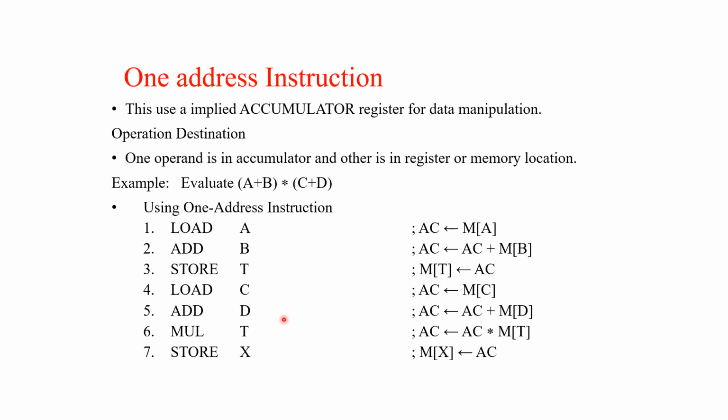Then add D: add the value of D to the accumulator, resulting in AC equal to C plus D. Multiply T: multiply the value in the accumulator by the value stored in the memory location T, with the result stored in the accumulator. And finally, store X: store the result of the multiplication into memory location X. This sequence efficiently computes the expression using a one address instruction set, utilizing an accumulator to perform arithmetic operations.